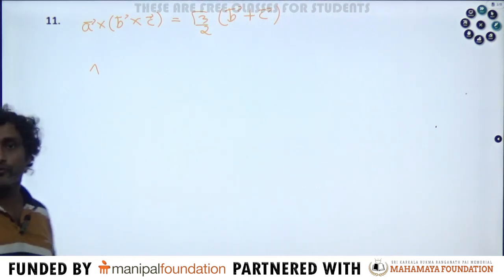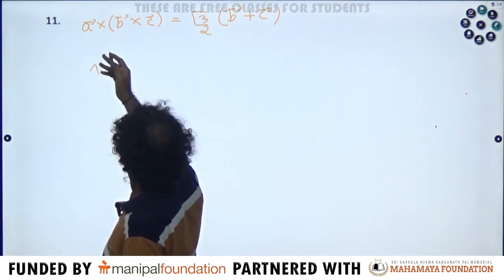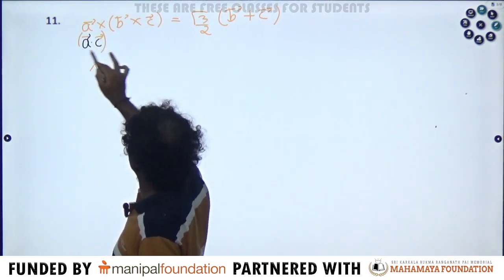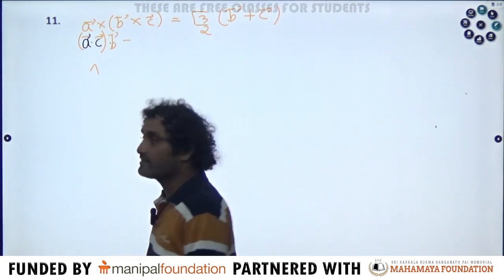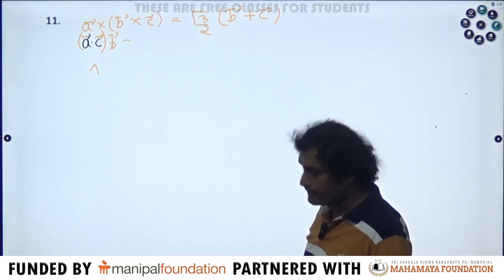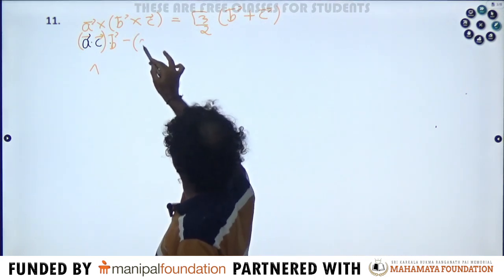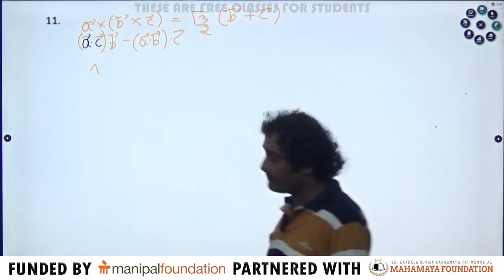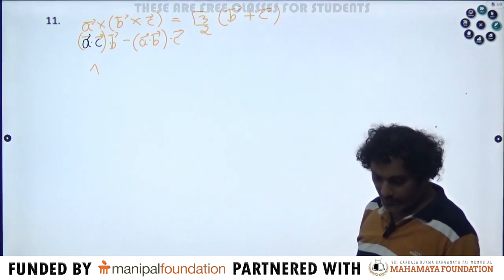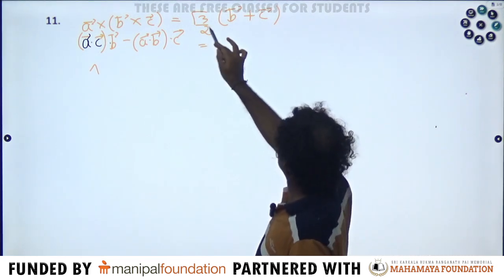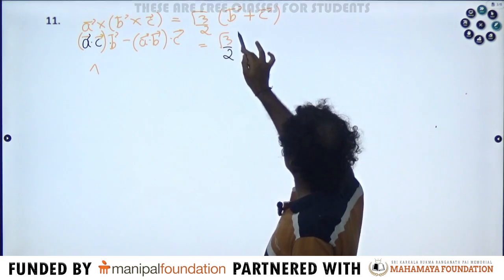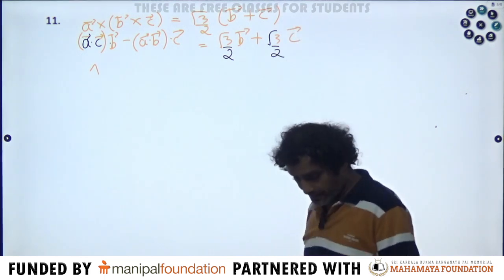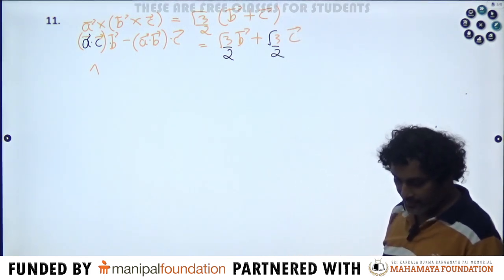What do you do here? First and third, right? It is A vector dot C vector in bracket times B vector, minus first and second, A vector dot B vector times C vector, like this it will come. This is the formula, okay? Now multiply root 3 by 2 B vector plus root 3 by 2 C vector, like this. Is that okay?